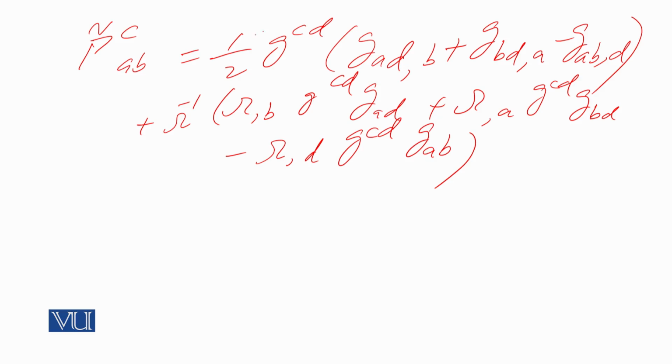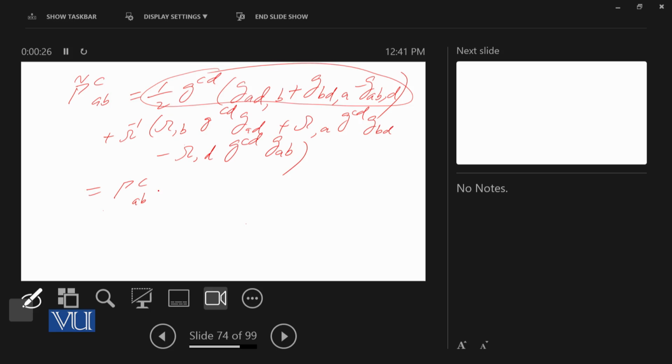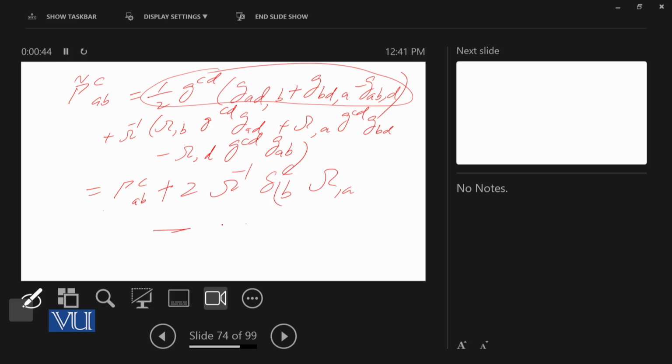And you can see this part is just the Christoffel symbol. So we write Γ^A_BC, and the rest of the terms are written like this, plus twice omega inverse delta^A_(C omega,B) with the symmetric bracket, minus omega inverse omega,D g^AD g_BC.